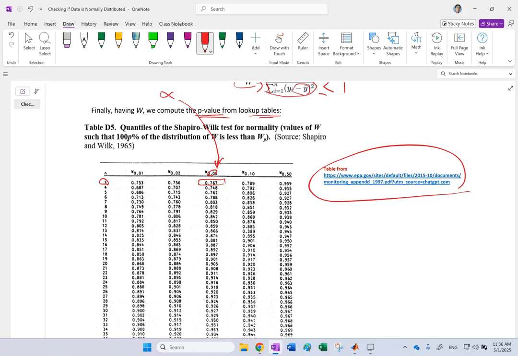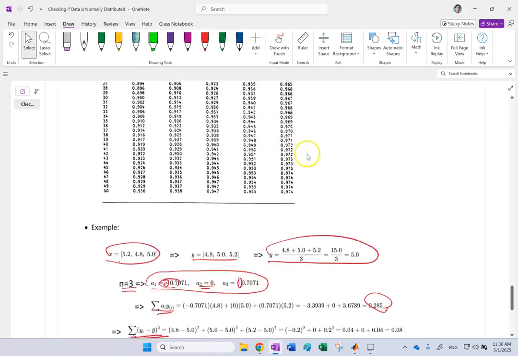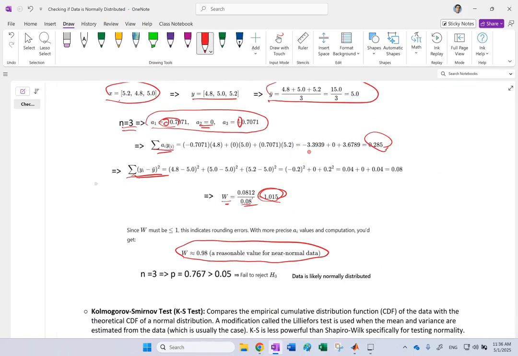So if the statistic W that I have is bigger than 0.767, that means, look, this W is bigger than that. I don't even need this part. This is my W of the table.